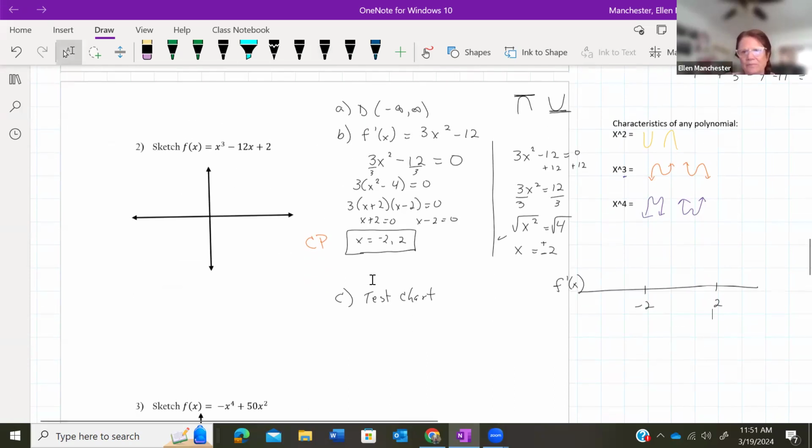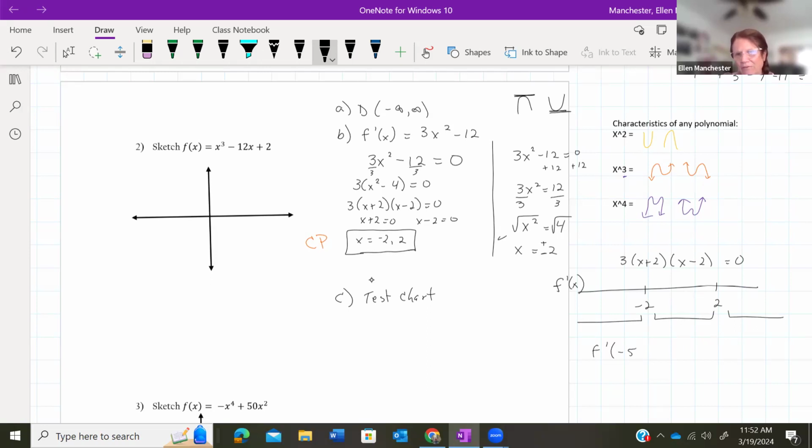So I'm going to use my factored form to do my test. I'm looking for this interval, the interval in between, and this interval. So I'll pick -5 again, just randomly.